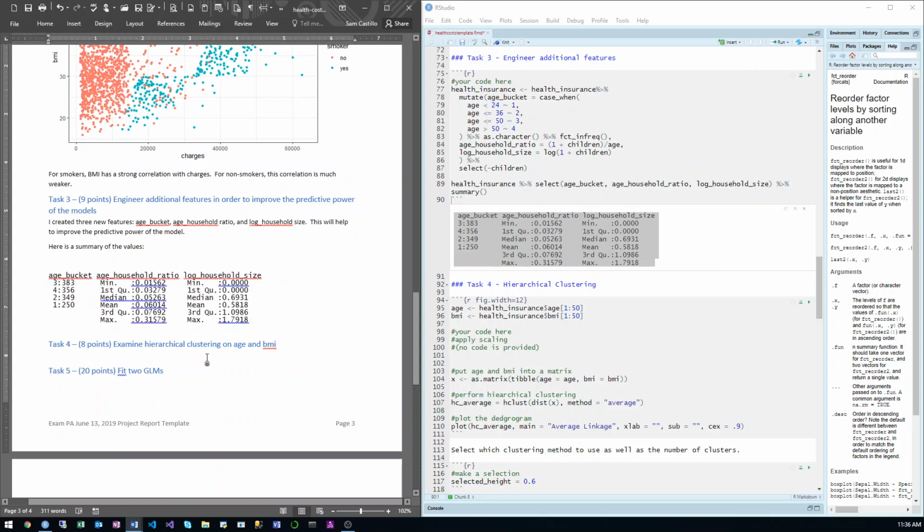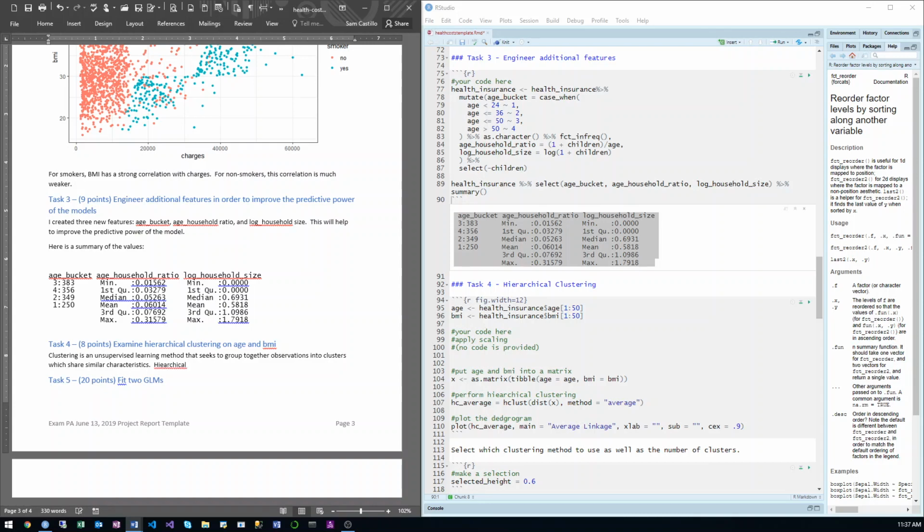Okay, now task 4. So I want to first write down what I know. Clustering is an unsupervised learning method that seeks to group together observations into clusters which share similar characteristics. Hierarchical clustering, I can never spell hierarchical.